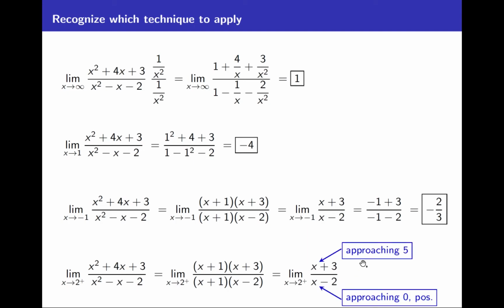We get a situation where the numerator is approaching 5, the denominator is approaching 0, and x is approaching 2 from the right, so x minus 2 is positive. So here we're getting positive infinity. So on these 4 different problems on this page, we had to apply 4 different techniques to evaluate the limit.